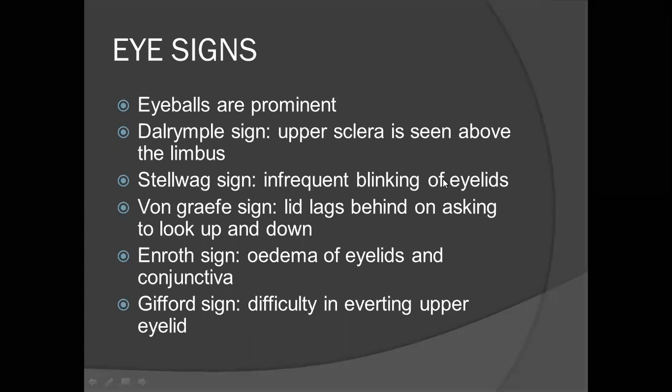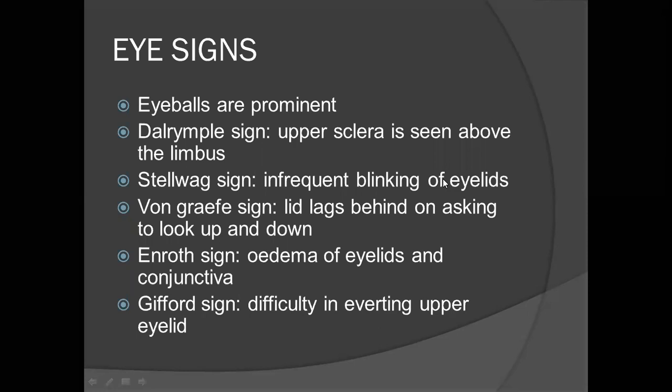But here the eyeball moves freely, while Müller's muscle is in contraction, so the upper lid doesn't follow the eyeball closely. It stays back a little and doesn't move in sync with the eyeball because of the levator palpebrae contraction. So there is lid lag. The upper lid lags behind the eyeball movement. That is called von Graefe's sign.